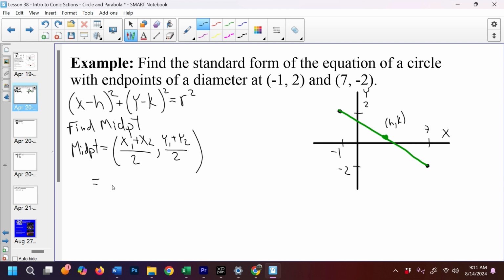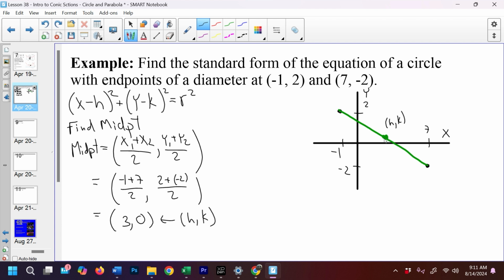So I'll have -1 plus 7 all over 2, and I will have 2 plus 2 all over 2. That gives me a midpoint, which becomes the center. -1 plus 7 is 6, divided by 2 is 3, and then 2 plus 2 is 4, divided by 2 is 2. Now this is my h and my k. So when I go to write my final answer, I'm just going to plug those values in.